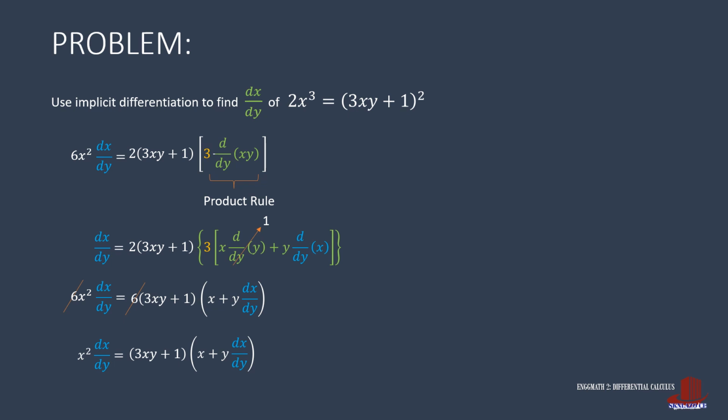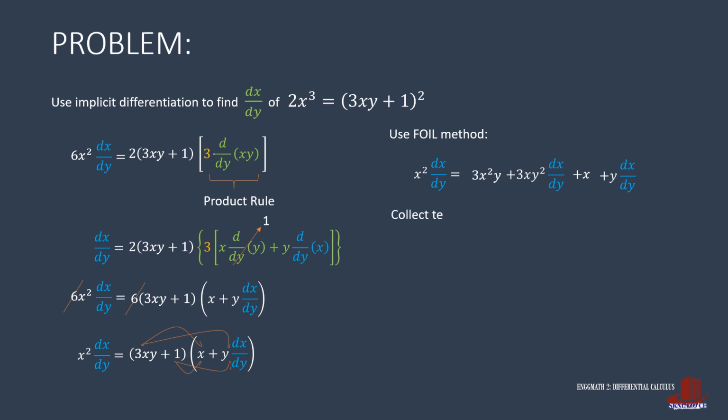To collect the derivative, we must eliminate groupings first, and that is by using FOIL method. X squared dx over dy remains unchanged, but then multiply the terms on the right, making 3x squared y plus 3xy squared times dx over dy plus x and plus y times dx over dy.